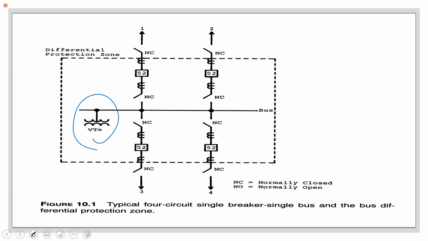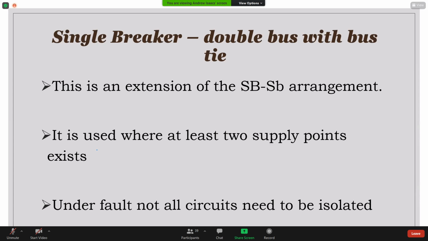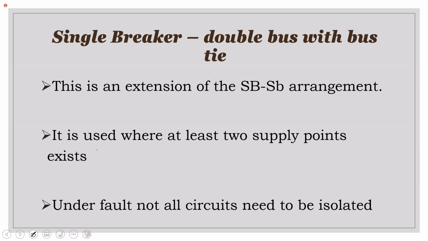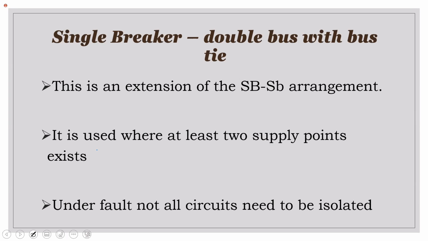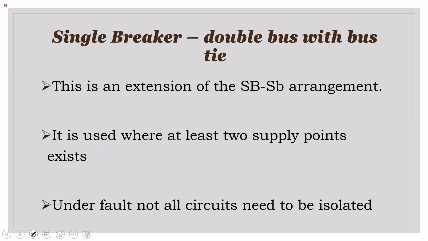Now you have a single breaker, double bus with what we call a bus tie. It's quite similar to your single breaker, single bus arrangement, but it is used where you have at least 2 supply points. Remember what I said before, that the design of your substation will be linked to the design of adjacent stations.